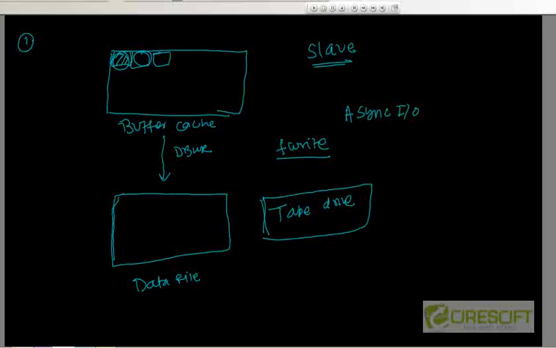Okay, so that is one of the slave processes, and the second slave process comes from Oracle parallel server. Starting from Oracle 7.1.6, Oracle introduced a new type of query called parallel query.